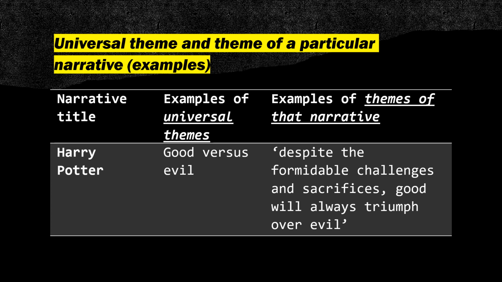Additionally, the events that unfold, such as the Battle of Hogwarts and the sacrifices made by the characters, contribute to the nuanced treatment of the overarching theme, which is good versus evil. That's the overarching theme. So, while the universal theme of good versus evil provides a foundation, it is the author's distinct perspective manifested through characters, settings, and events that gives rise to the particular theme of the Harry Potter series.